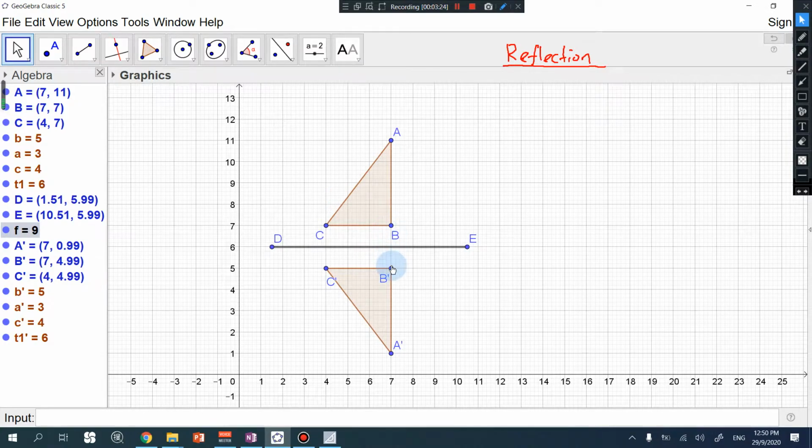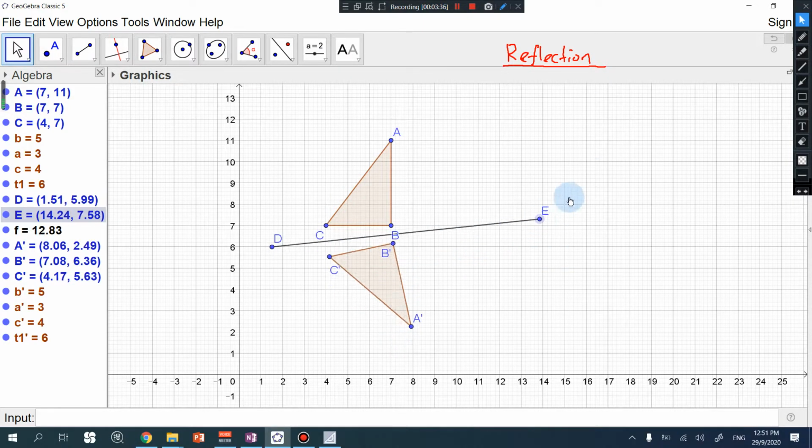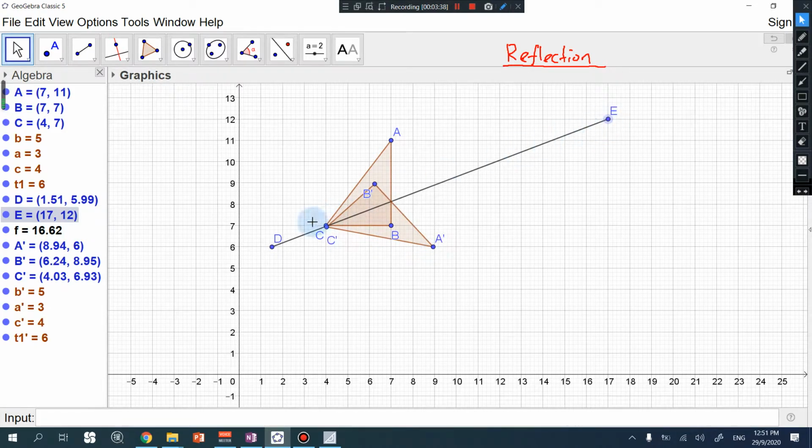So here is 1, here is 1, right? The same thing applies here. 1, 2, 3, 4, 5. How about here? 1, 2, 3, 4, 5. Okay? So now let me move that way.